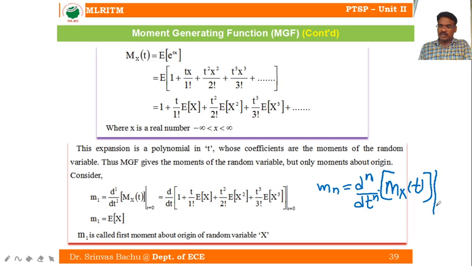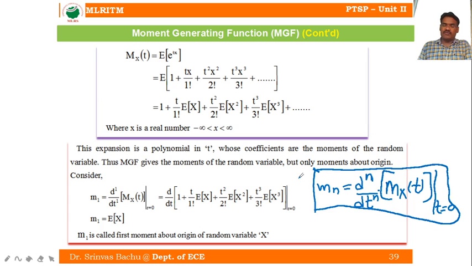Like you see here, 2t, 2 factorial, 2 cancels; here 3t square, but 3 factorial is there. Next differentiation 3 into 2t is 6, 3 factorial, 6 cancels. So it is d to the power n by dt power n of mx of t at t equal to 0. It is called the nth moment about origin from the MGF function.